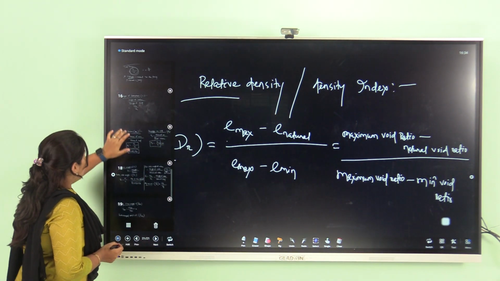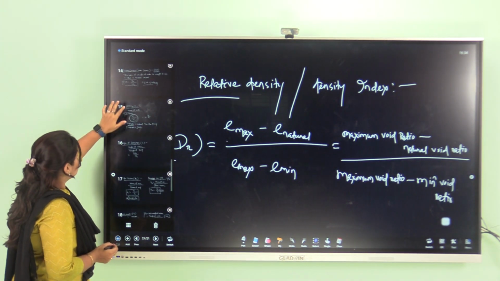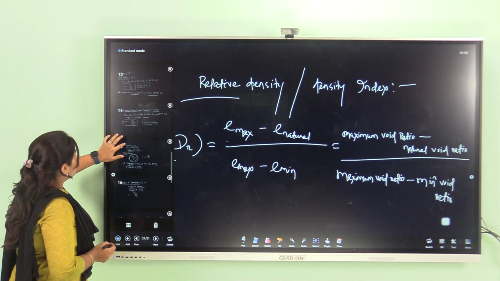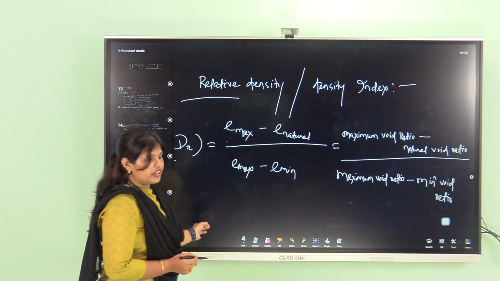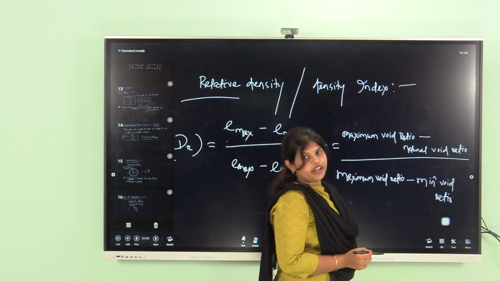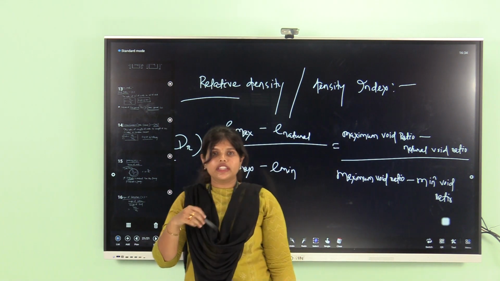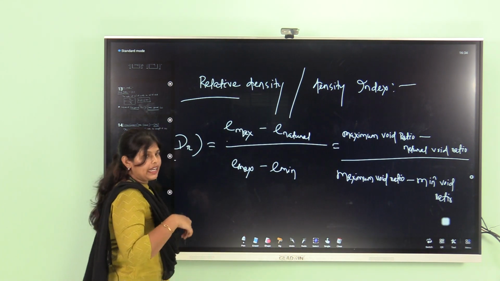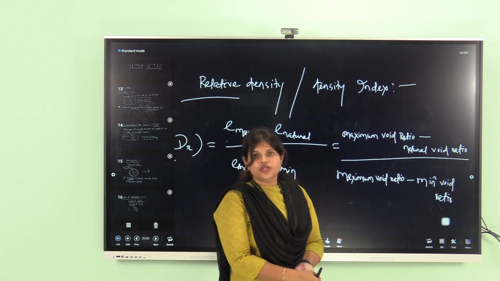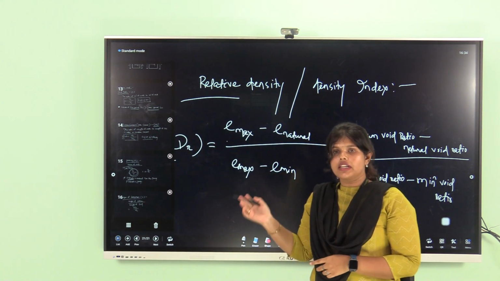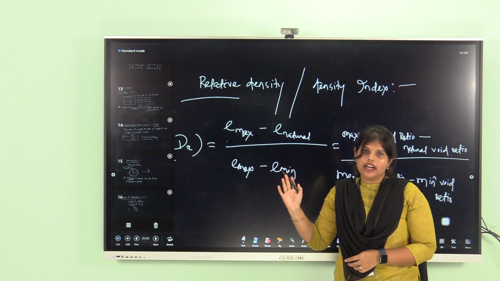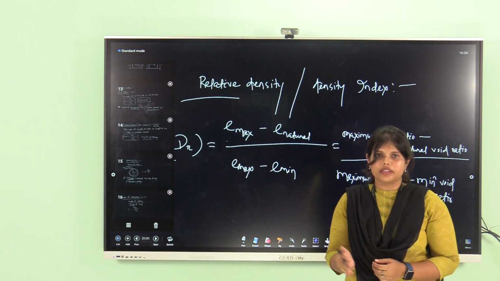And air content and percentage air void, degree of saturation, porosity, moisture content and void ratio. All these terms are related with each other. Okay. In the next class, we will study the relation between these terms and we will continue from that. Thank you.